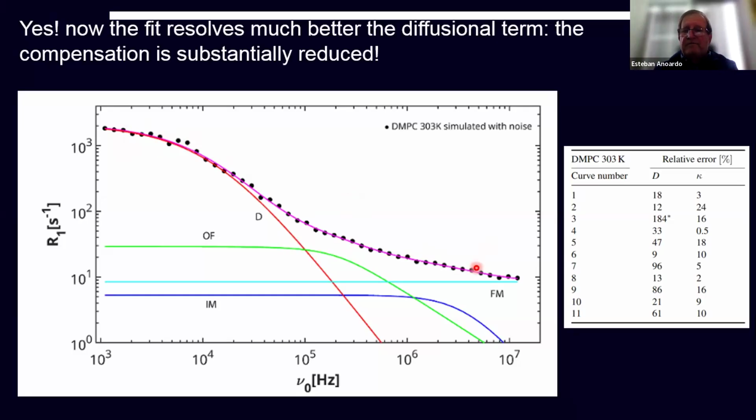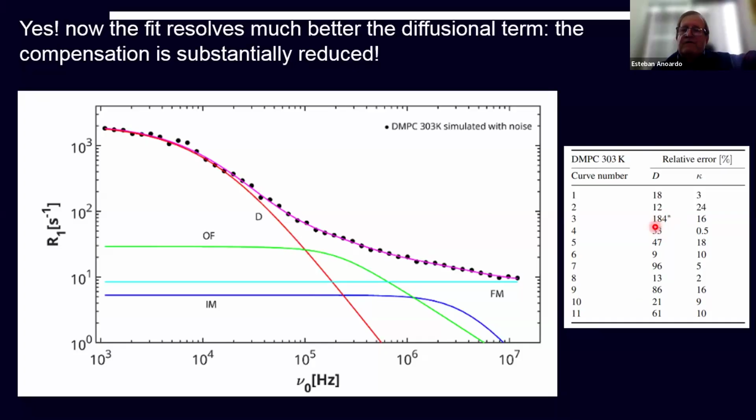Well, so now we fit, you see, 11 different curves like this. We generated 11 different relaxation dispersion curves, and in only one case the diffusion is going to the box edge.